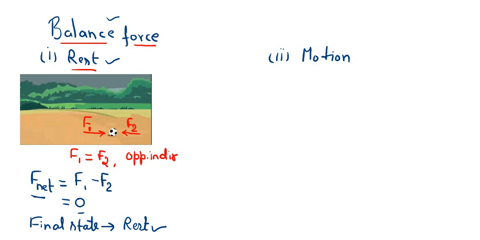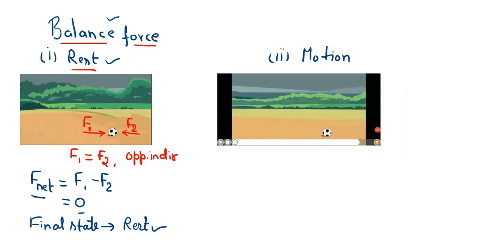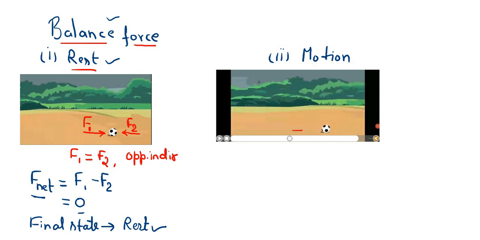Now, let us consider another case. Initially the ball is moving. Now what will happen? If balanced force, this is a supposition, student, we are supposing two forces are applied, equal and in opposite direction, to check what will happen in the case of balanced force.